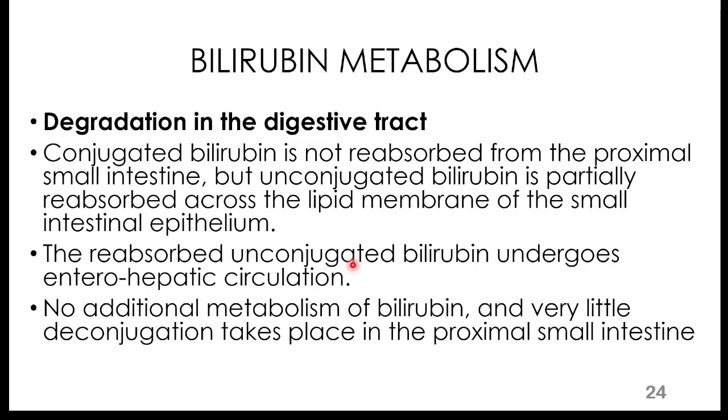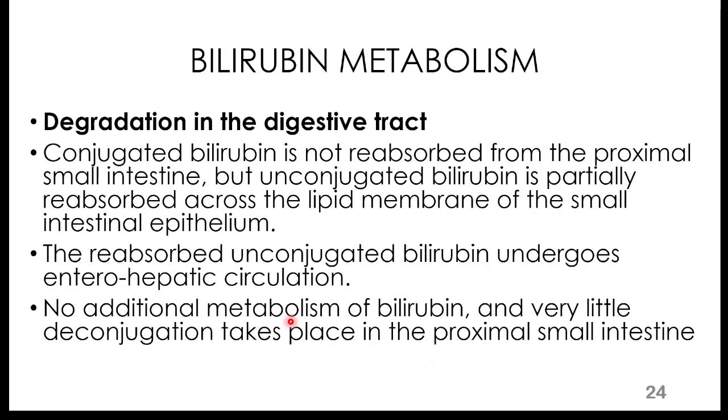This unconjugated bilirubin goes back to the liver and undergoes the whole process again. It passes through the hepatocytes, and most of it will be conjugated, but some might still escape conjugation and end up again in the intestine, and again be absorbed across the intestinal membrane. This is what we mean by the enterohepatic circulation. It goes in a sort of roundabout fashion.